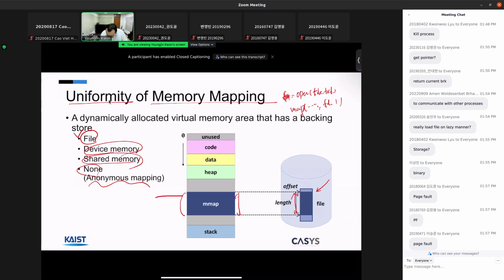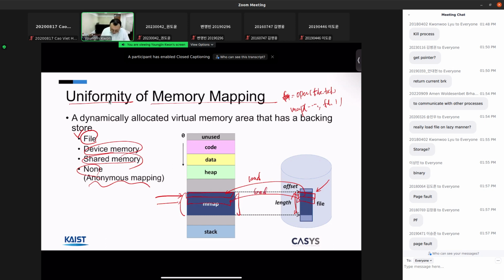So a page fault happens here, the OS finds this data and a load operation happens. Again, on access, a page fault happens, and this has the contents of the file.